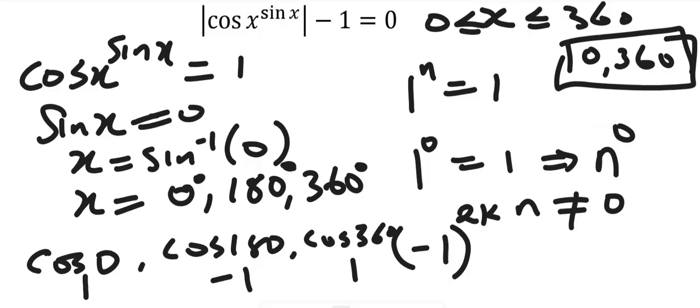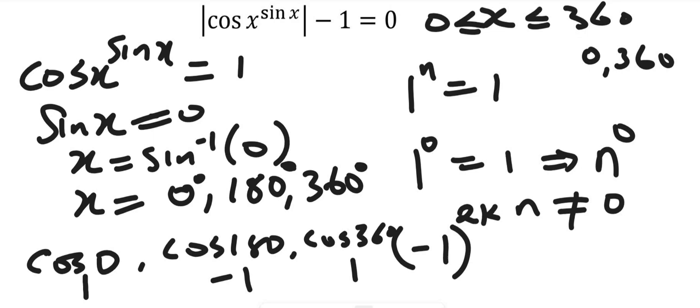If you look at the answers I've gotten, you will notice that some of the values are the values I've gotten before, like 0 and 360. The two values I've gotten before. So the only value I need to add to the answers I've gotten is 180 degrees. I've gotten three answers.